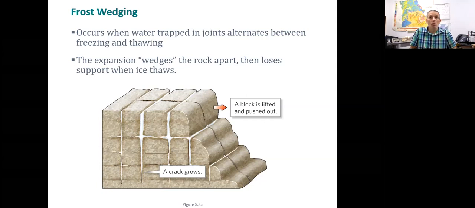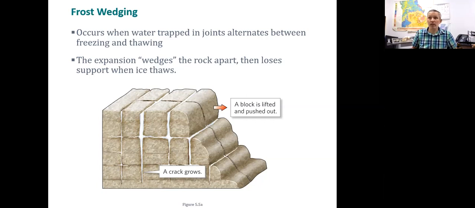As it turns out, and we're going to talk about this extensively throughout the semester, rocks are really good in compression but much weaker in tension, in pulling apart. So when water in the pores of a rock freezes, it's going to be pulling the rock apart. This is a much weaker force on these rocks, and so these rocks tend to break.